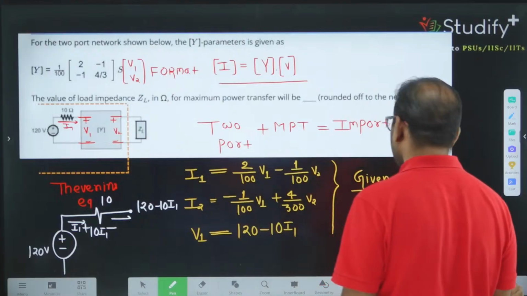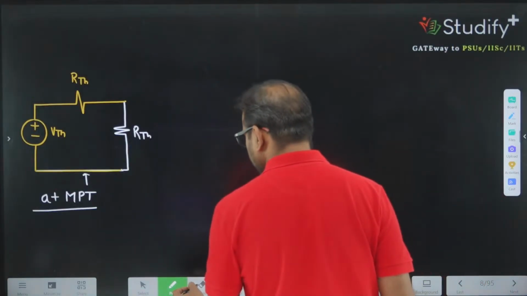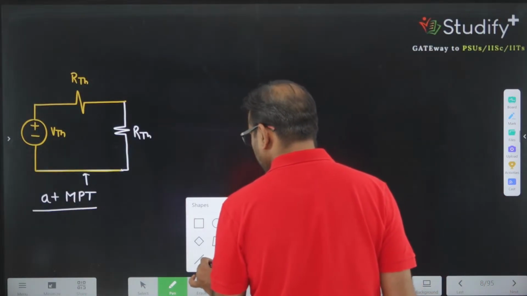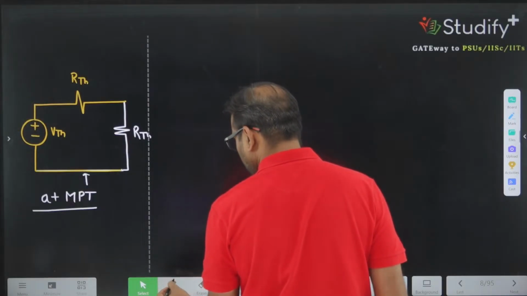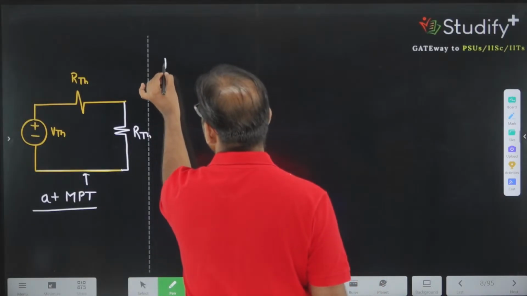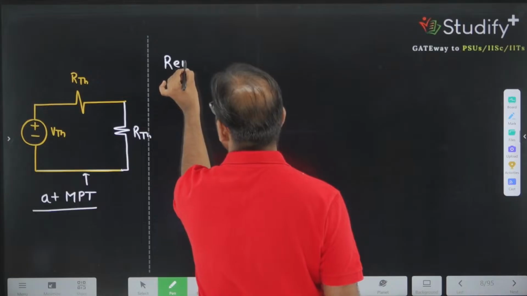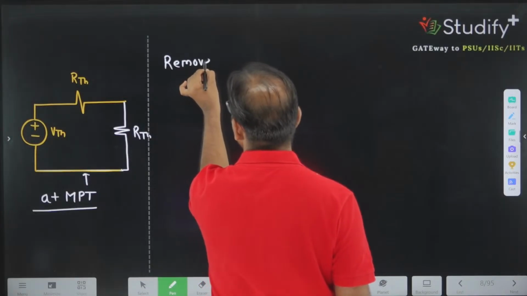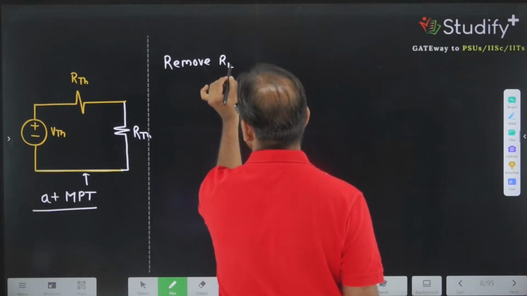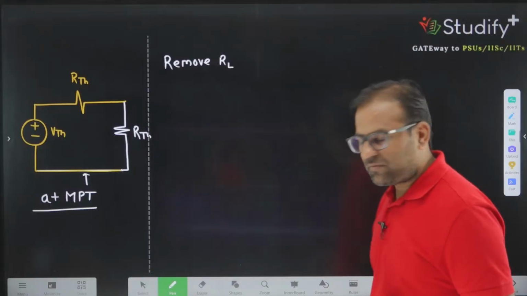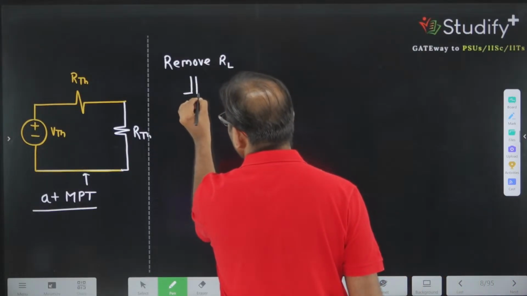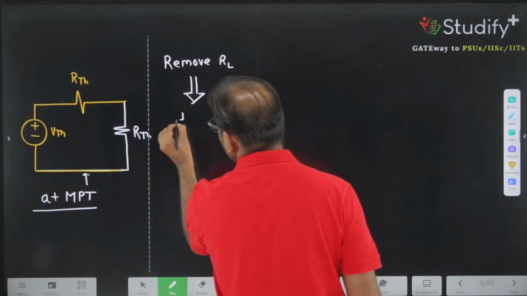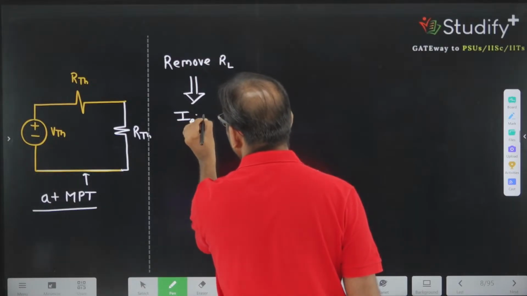So let me write it. I am repeating our previous step. What is the first step? Remove RL, the load resistance. Removing the load resistance will make I2 equal to 0.